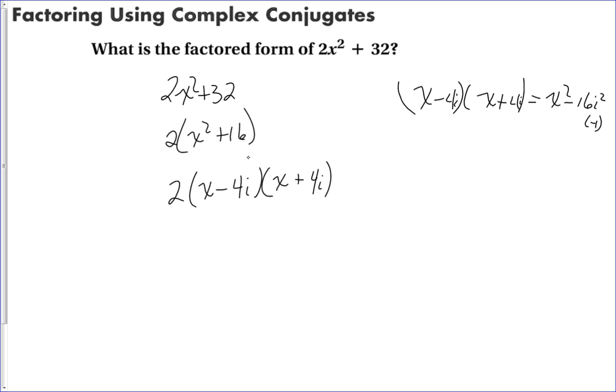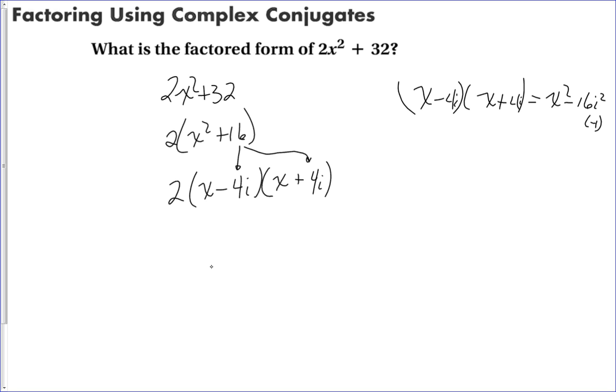So I said all that to say this. When you see x squared plus a perfect square, all right, 16 is a perfect square, what you're going to do is take the square root of that perfect square, 4 and 4. You're going to have 1 plus and 1 minus, and then you're also going to have the i's.